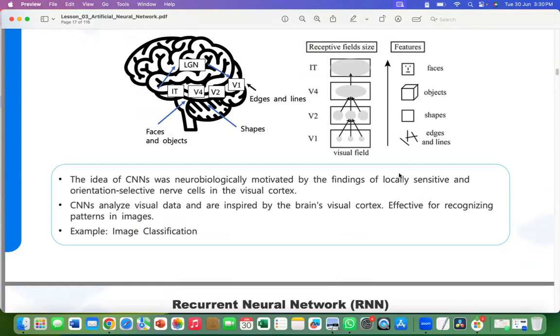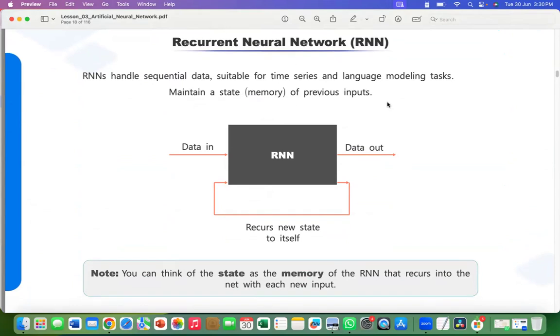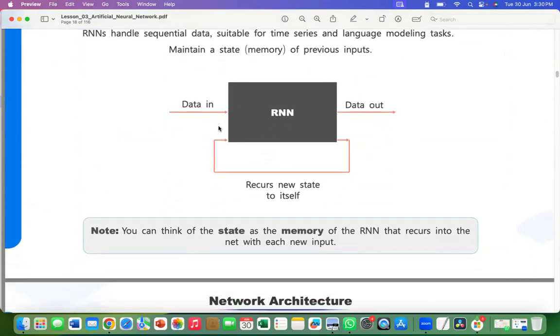We are explaining all this briefly for now, we will go into the details. Then RNNs handle sequential data, suitable for time series and language modeling tasks. It maintains a state of the previous input. So RNN has this benefit: it maintains state, meaning memory of the previous input.